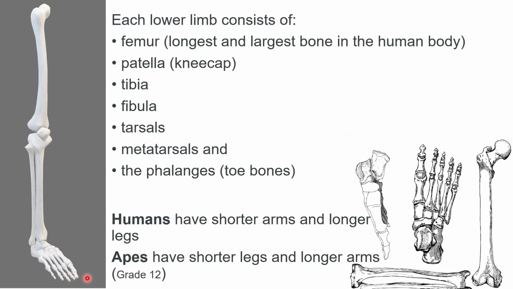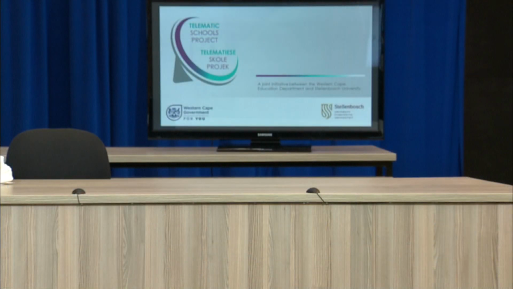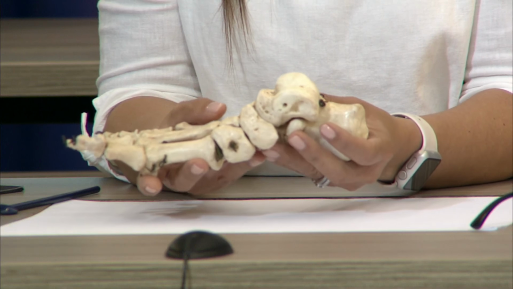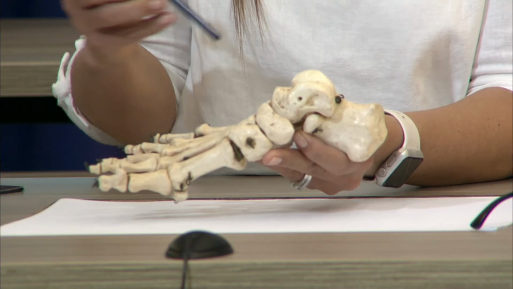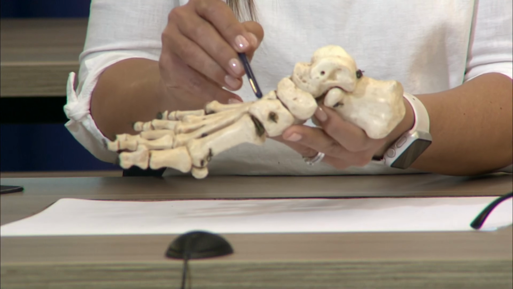Now I've got an example of a foot here. So if we compare the foot and look at the different parts, we can see that the tarsals are these little bones that you see here.